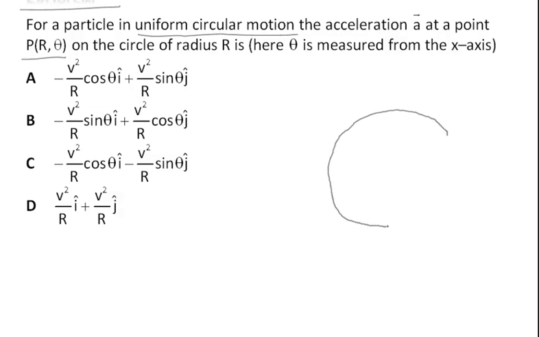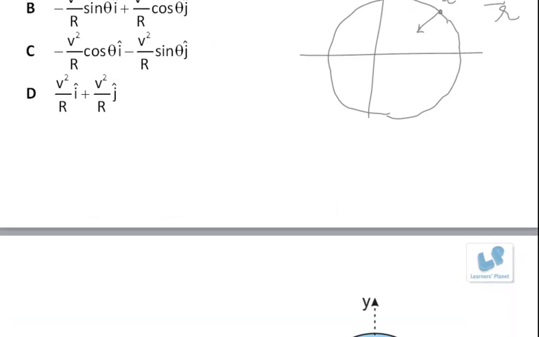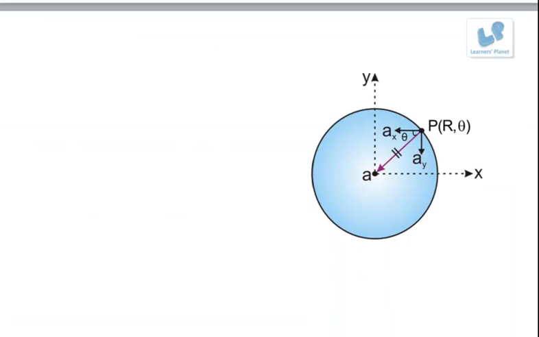So if a particle is executing circular motion which is uniform, that means it has only centripetal acceleration, and that centripetal acceleration is v square by r. Now you have to take the components of this in the x and y directions. If this angle is theta, that the point P makes with the x-axis, then this is also theta.